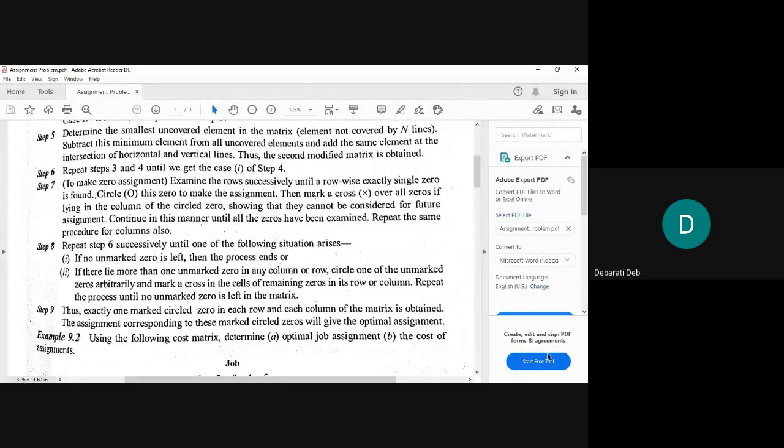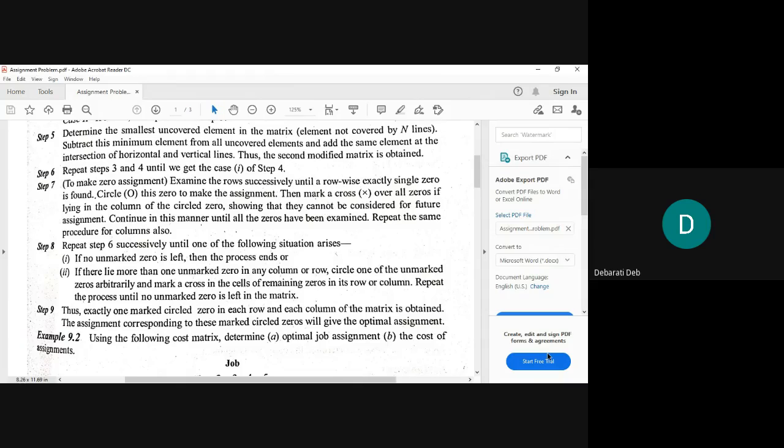So once you find a row having a single zero, you will circle that zero and then check the column in which that zero is falling.